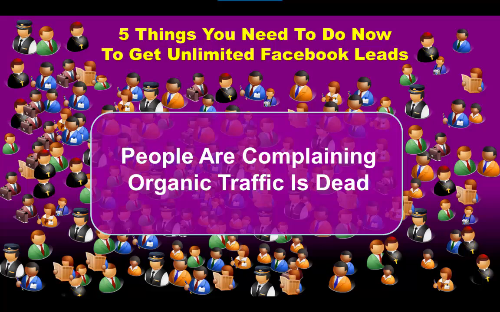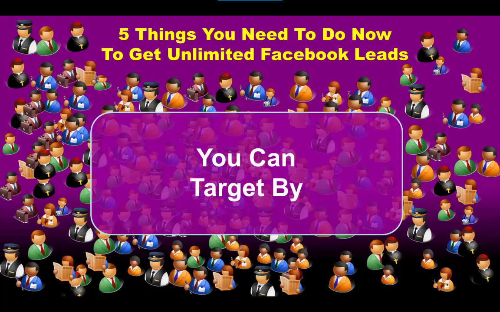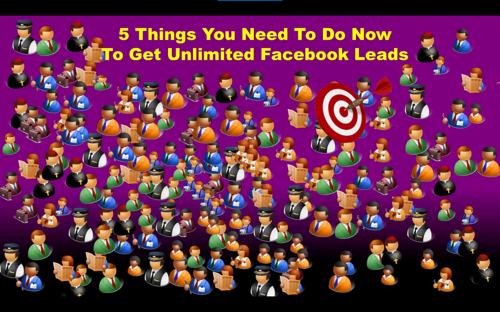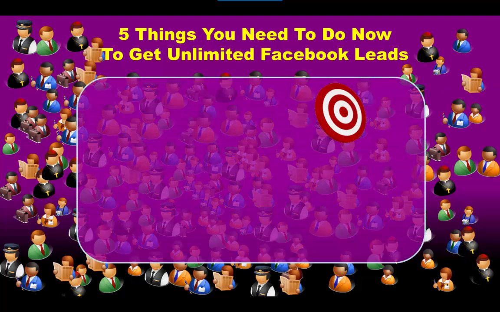Now, I know a lot of people are complaining that organic traffic is dead on Facebook. That's the free advertising. But people, let me tell you, Facebook paid targeted advertising is where it's at. That's where the action is because you can target by all sorts of differing demographics.